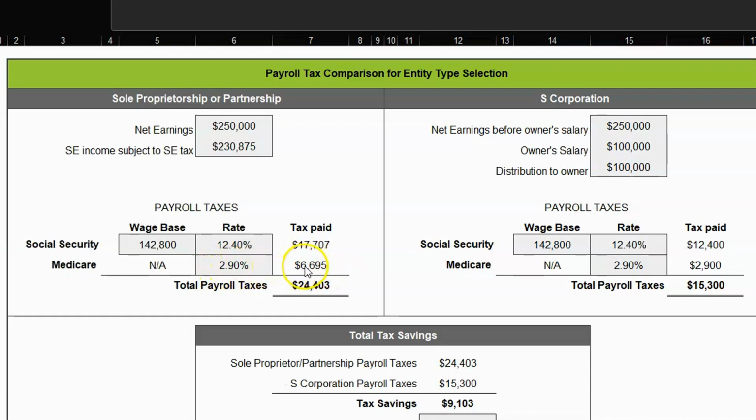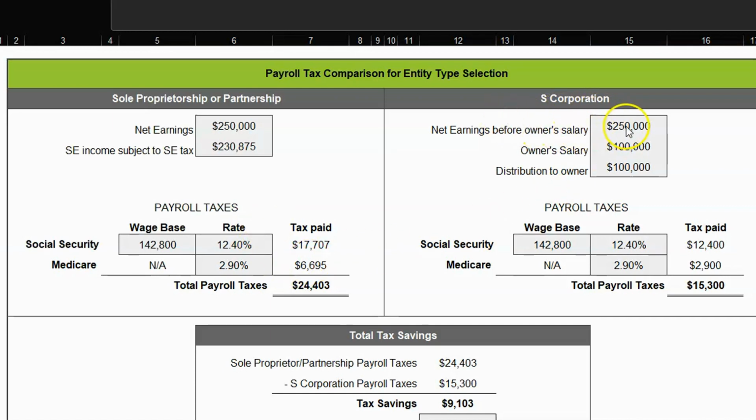That's $6,695. So the total quote unquote payroll taxes that the partnership would be subject to paying would be $24,000. Again, the partnership's not going to pay this. It's going to be the owners that are going to be paying this. But here's the tax that these owners are going to be subject to here.